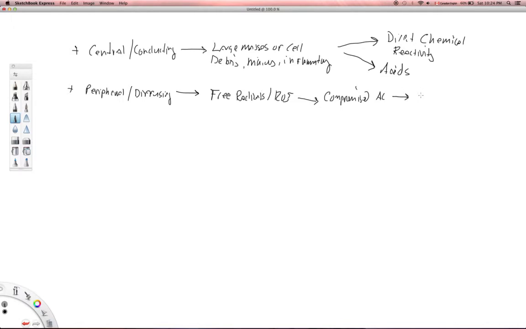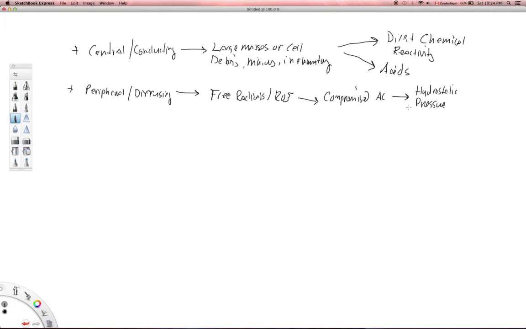Well, that means that the hydrostatic pressure inside of the blood vessels is going to push fluid out.